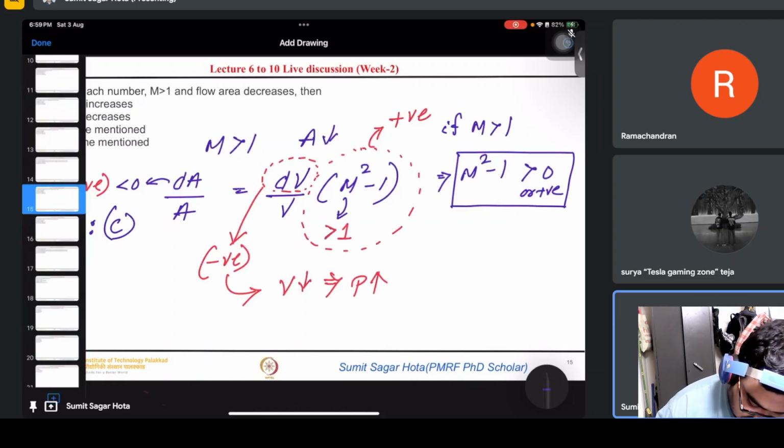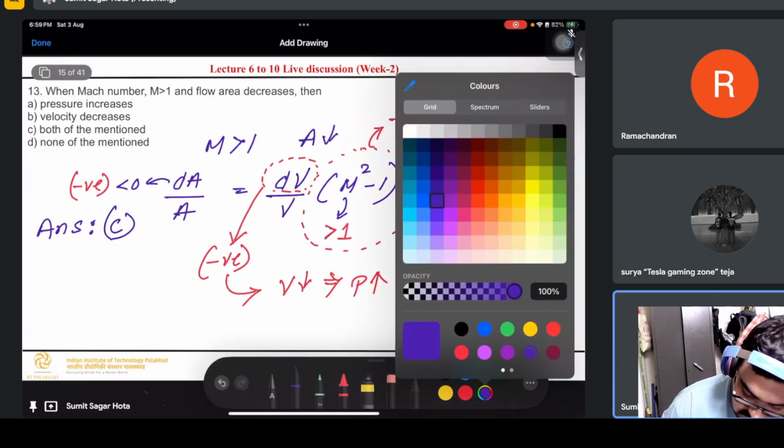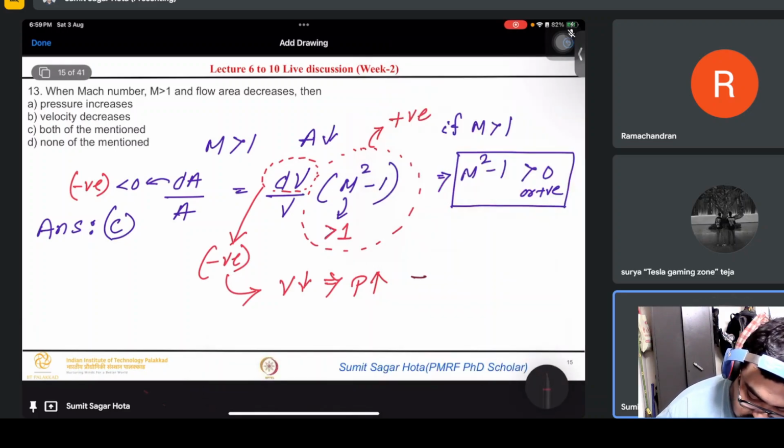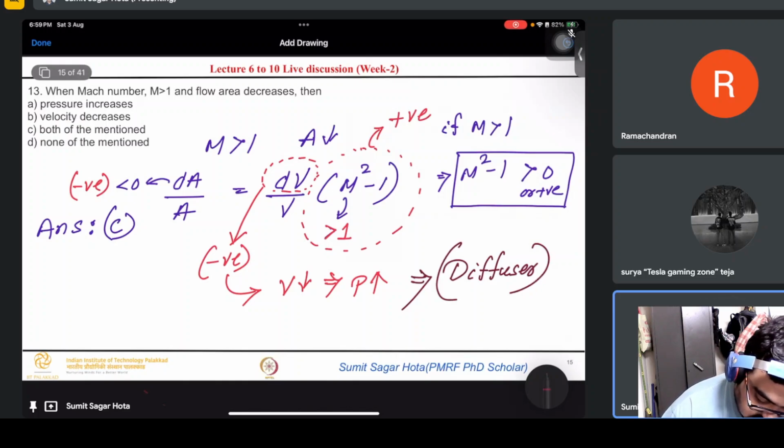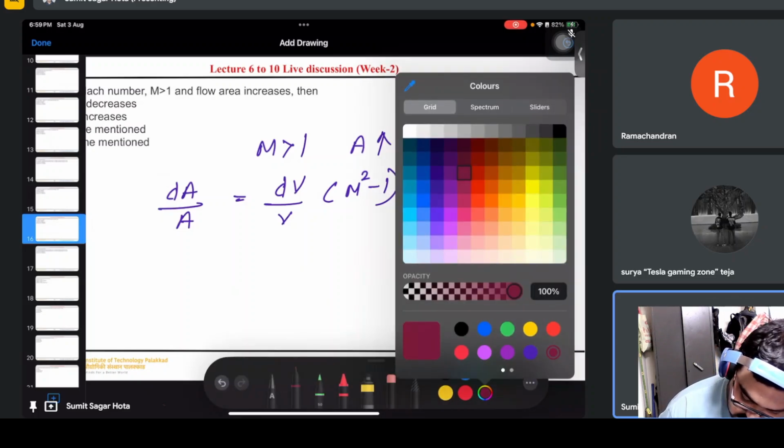Can you tell me what's going on here? The velocity is decreasing, and in which case will the velocity decrease, in the nozzle or the diffuser? We know very well, for a diffuser only the velocity will decrease.